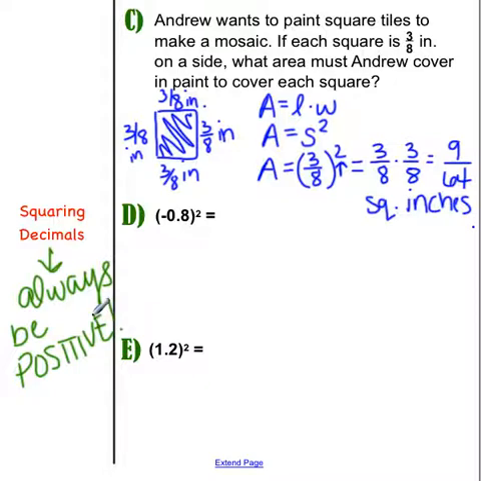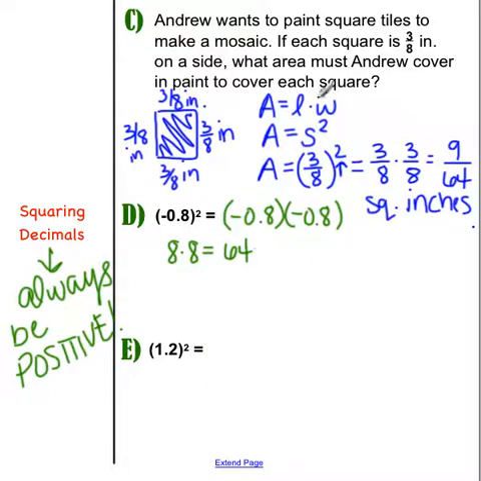So we have negative 0.8 squared, which remember means negative 0.8 times negative 0.8. So we know it's positive. And what I like to do, just like we did with our division problems, is we can go ahead and treat this like we're doing 8 times 8, which is 64.